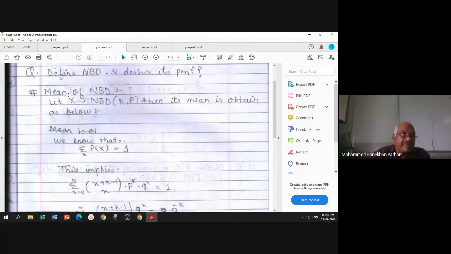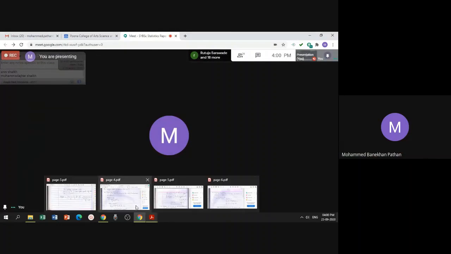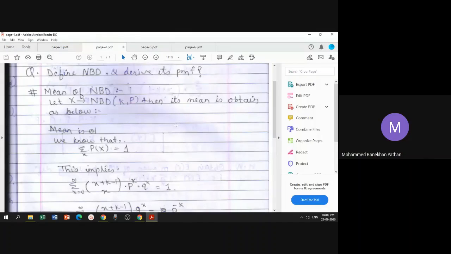In case of mean, you know from your first year, mean is nothing but the expected value of x. So usually in your first year, if you want to get the mean of a distribution, we begin with the expected value of x.